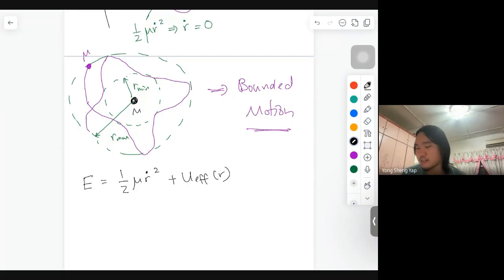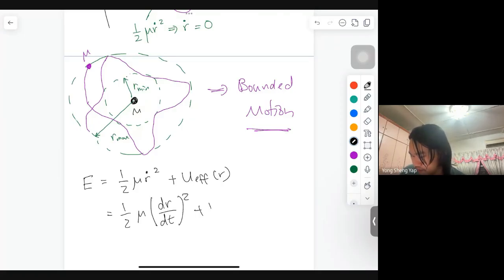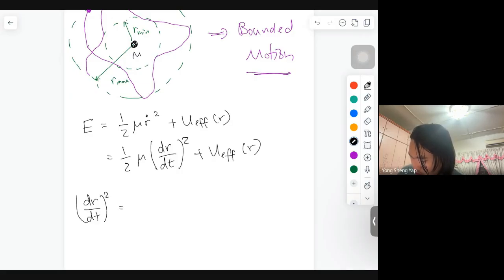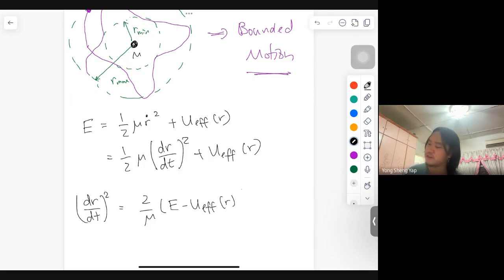By writing r dot specifically as dr/dt, you can take dr/dt squared to be equal to 2 divided by mu times E minus U effective as a function of r.